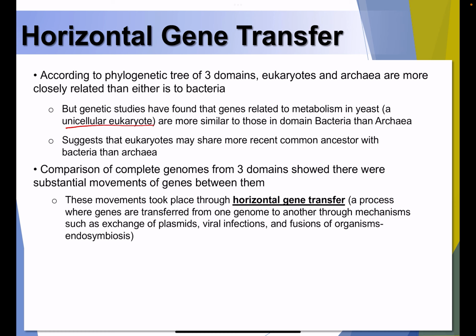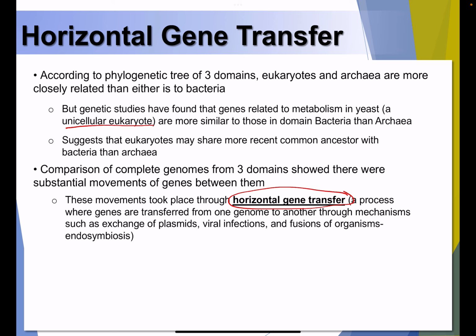These movements took place through what biologists call horizontal gene transfer, which is a process where genes are transferred from one genome to another through mechanisms such as exchange of plasmids. And there's also transposons. Okay, we're not going to talk about that. That's a genetics thing. So I omitted that in case you're wondering what those transposons are. We'll talk about that if you click genetics.